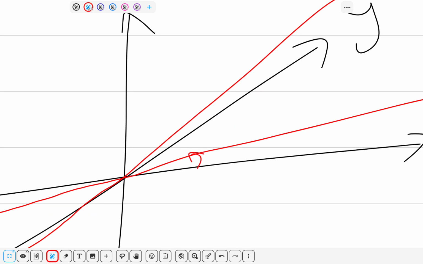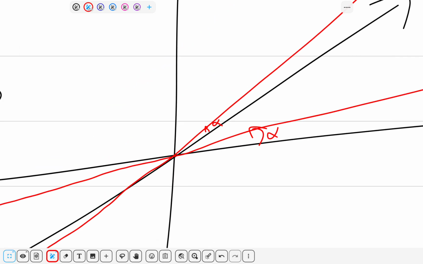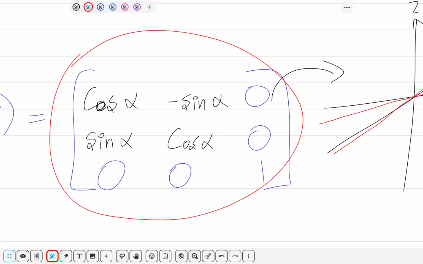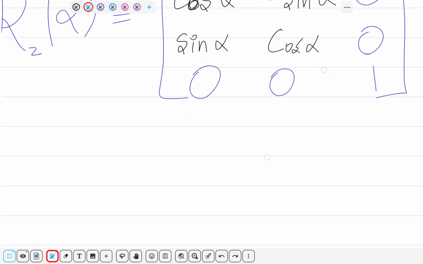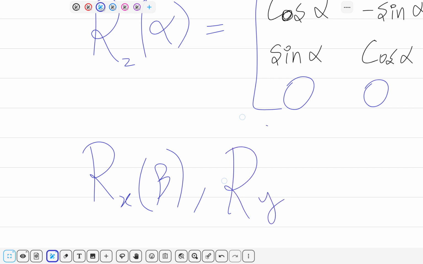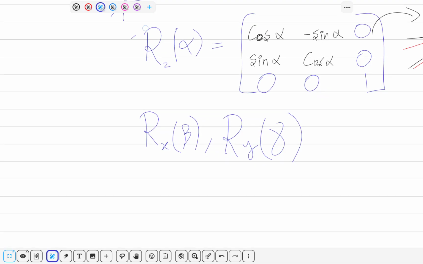Actually, you can extend alpha as much as you want, not necessarily infinitesimal, because this is an exact operation, no approximations. Similarly, we have a rotation matrix for x with some beta, and also for y with some gamma. So we have these three.